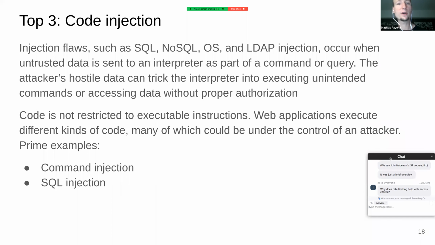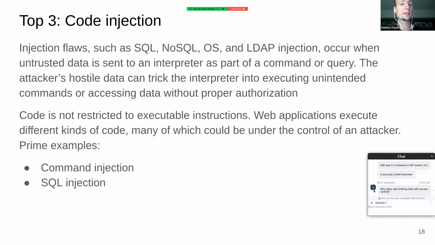And I think this is the most fun for us because it's code injection, and there are 3 types of code injections that we'll talk about here that are very similar to code injection or code execution in just regular applications, but twisted towards web applications. And there are injection flaws such as SQL, NoSQL, OS, and LDAP injection.